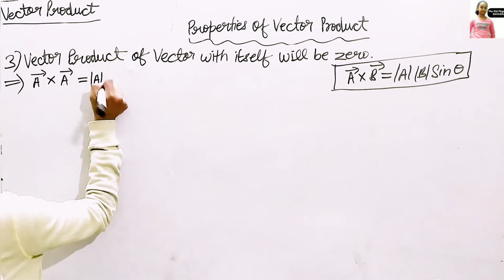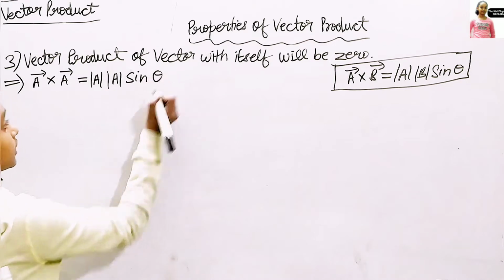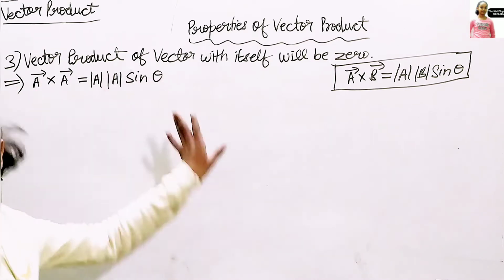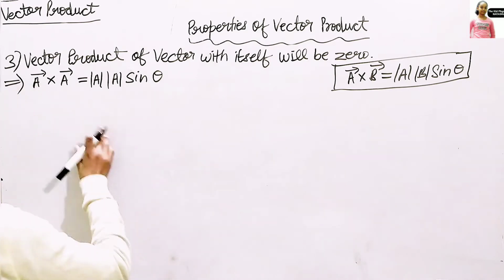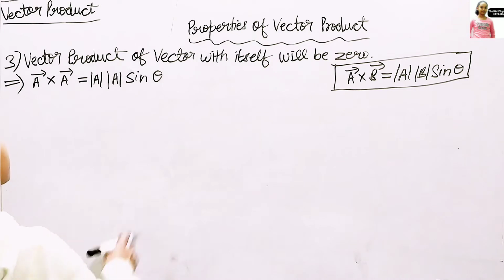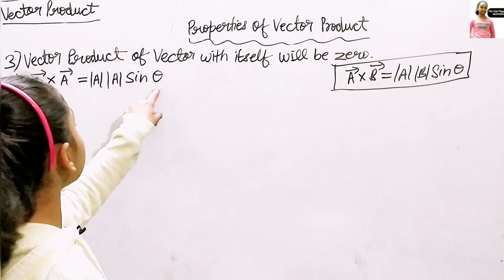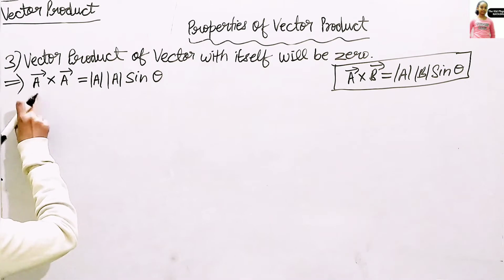Our formula will be mod A mod A sine theta. So mod A, sine theta. As I am saying, we are doing the cross product of a vector with itself.